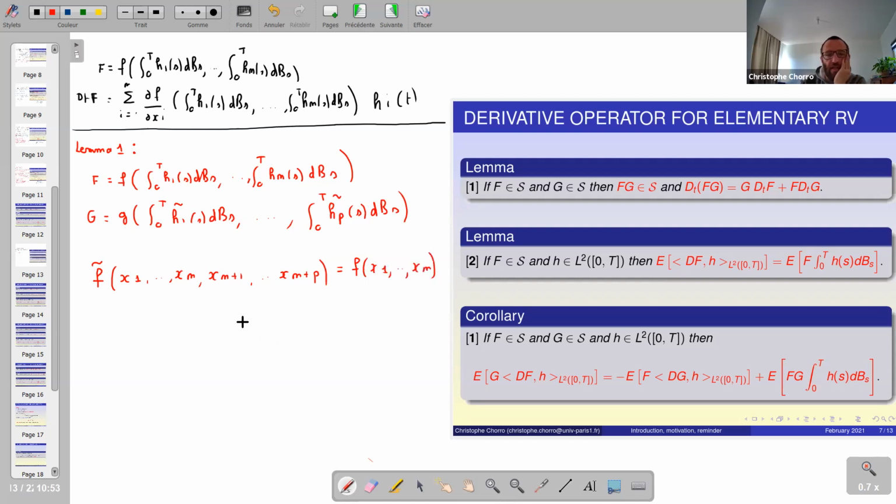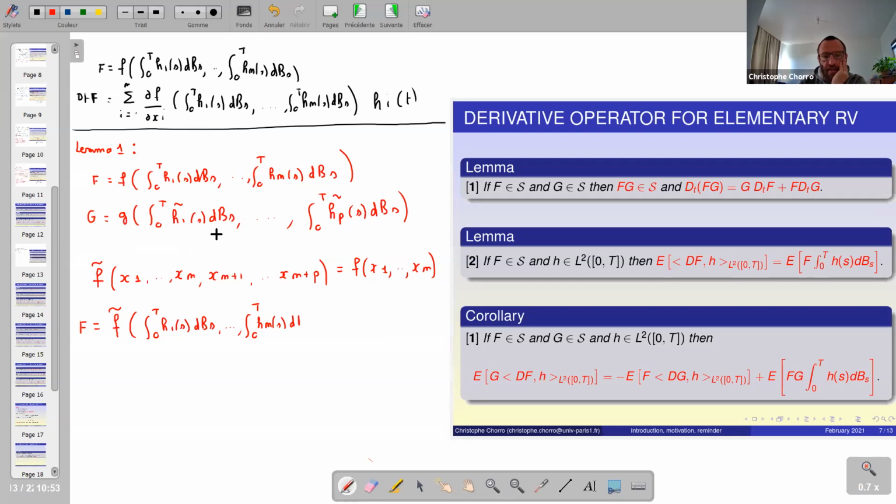I have the right to do this, I just add variables. And I can say that F in this situation is just F tilde of the integral between 0 and capital T of H1 of s dBs, up to the integral of Hn of s dBs.